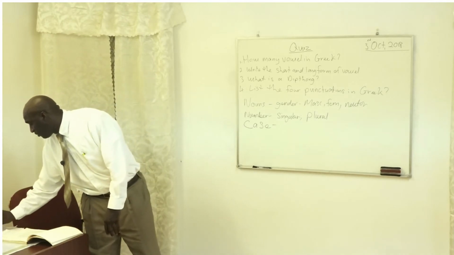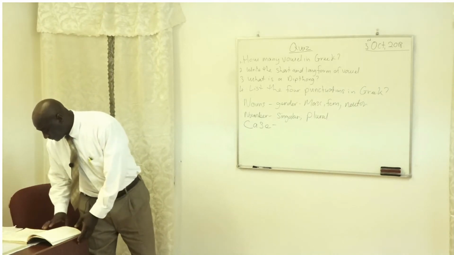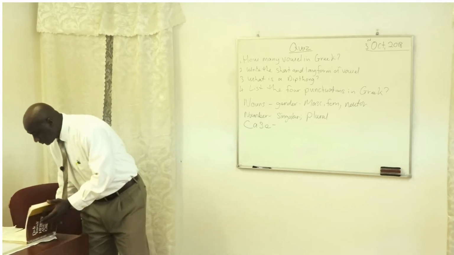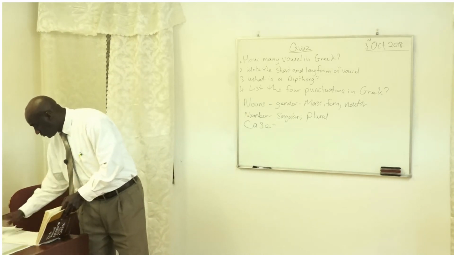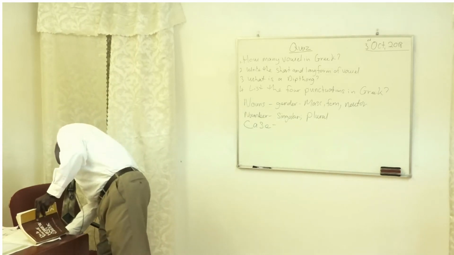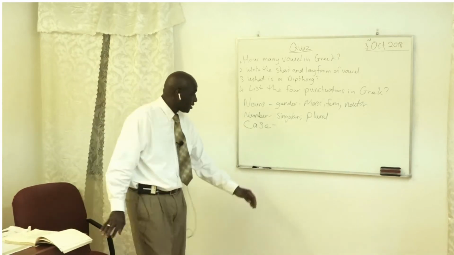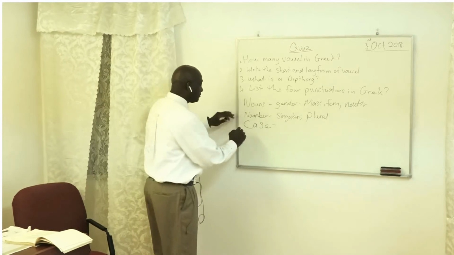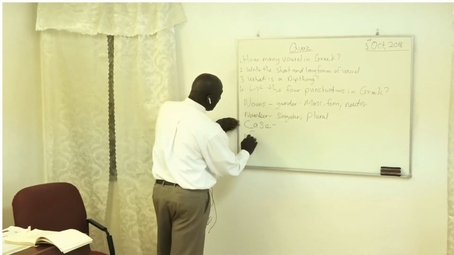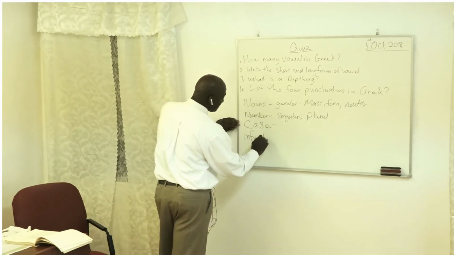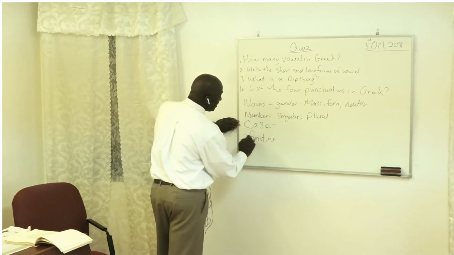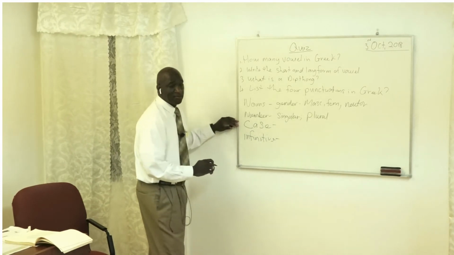And so the infinitive, there is something, and we will go over this also, there is something in the Greek language. Okay. And so, we have the infinitive, right? How do we distinguish that from English?